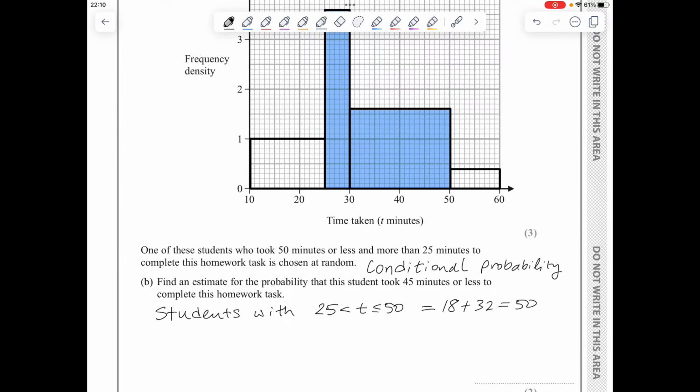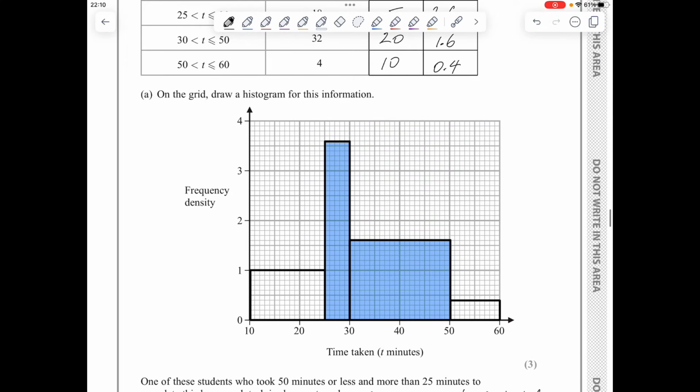So that's my denominator. For the numerator, I need the number of students with t less than or equal to 45 out of those 50. So let's go to the histogram and shade this region. Out of those blue, I need the ones that are less than 45. So this is what I need. Note that I need the whole of the second bar and 3/4 of the third one.